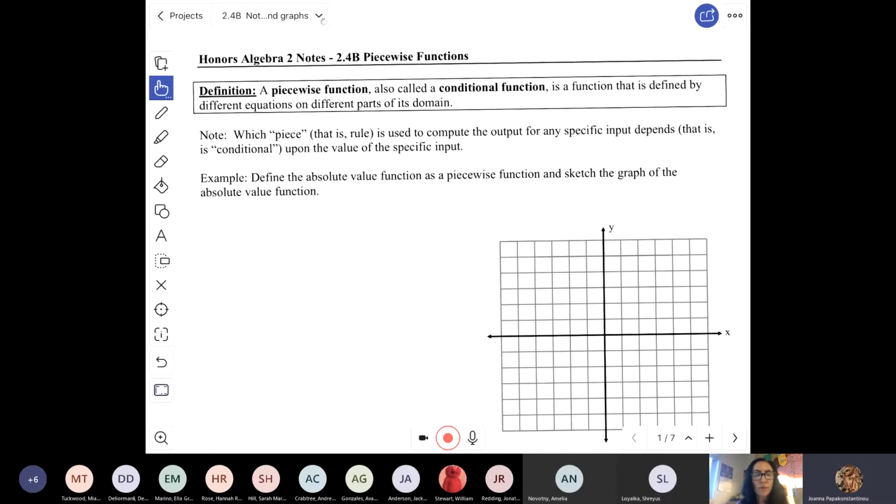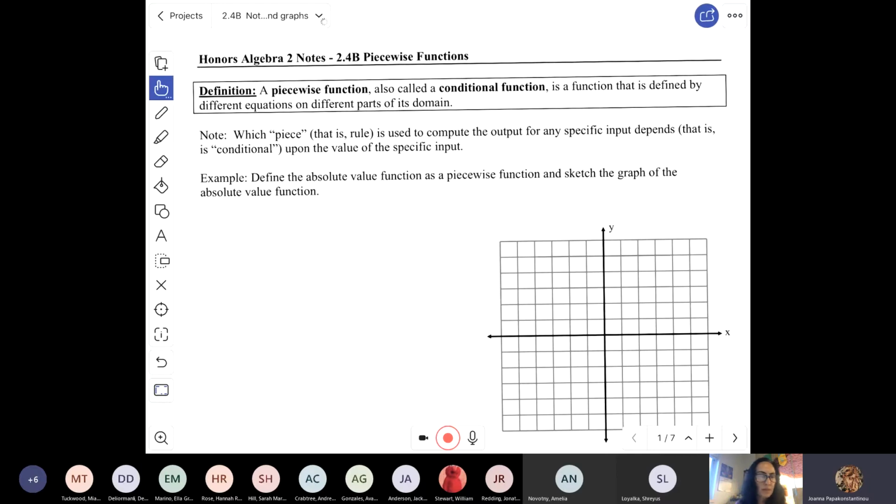Remember, the more that you do, the better you're familiar with the problem, so you don't choke or have a forgetfulness on the test. It'll be right there fresh in your mind. So do make sure that you're doing any and all of the practice material. There is a 2.4B My Math Lab that will be due next week as well. But make sure that you're starting to work on that because we'll be familiar with that material after today.